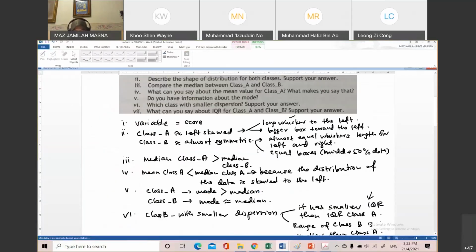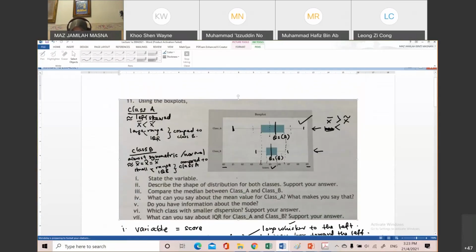If your reason is solid enough to support your answer, most of the time we will accept it. But for class B here, we can see it is almost symmetric because the whiskers are almost the same, and the boxes for the lower 25% and upper 25% between Q1, Q2, and Q3 are almost the same. Is that okay? Yes, thank you, doctor.